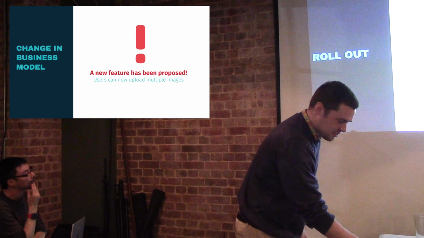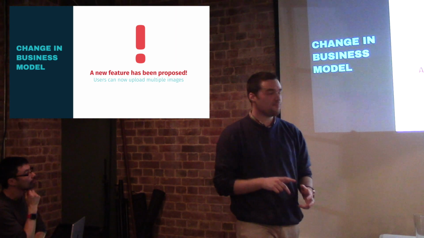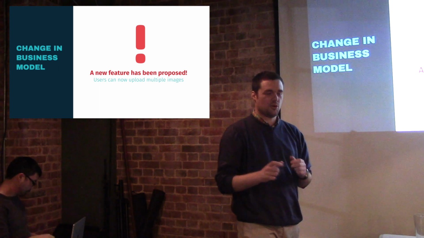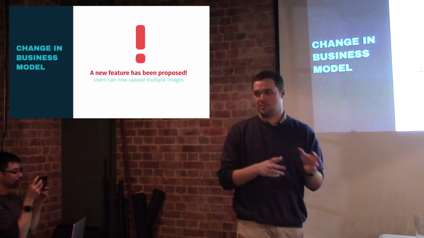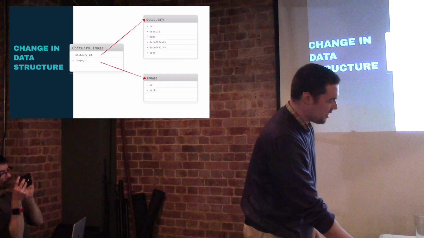But then what happens is the business changes their business domain, and they've now decided that instead of one image for every obituary, you can now have multiple images for each obituary, maybe a gallery attached to that obituary.